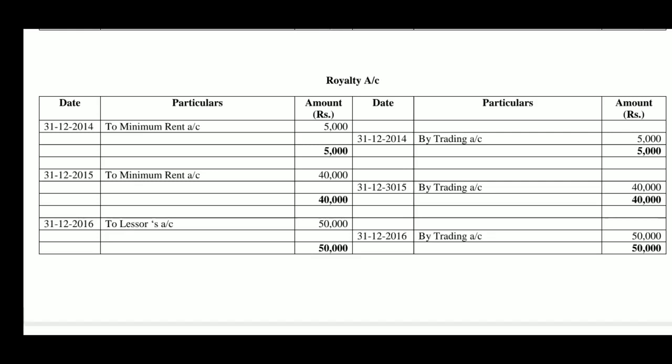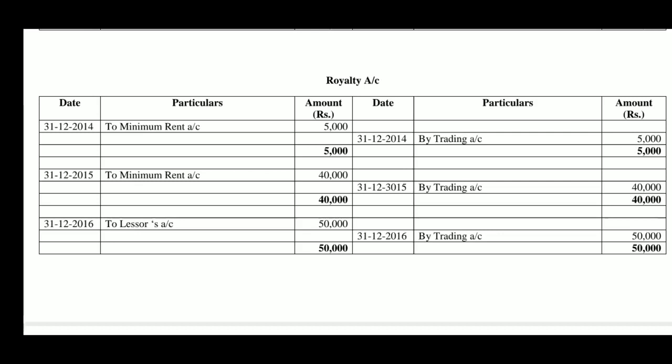Royalty account debtor to minimum rent account, at the end of the year 2014, 31st December 2014, to minimum rent account 5,000 rupees. The same is transferred to the trading account: trading account debtor to royalty account, credited by trading account with the amount of actual royalty. In the second year, again royalty account debtor to minimum rent account 40,000, and the transfer is made by trading account.